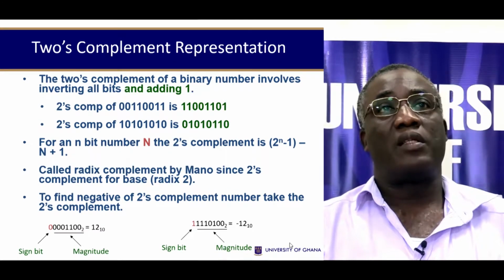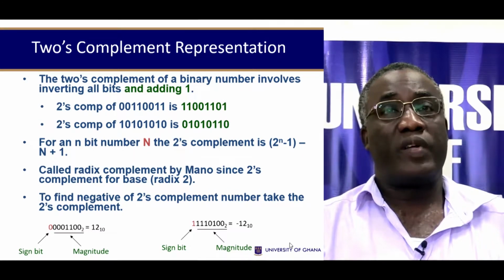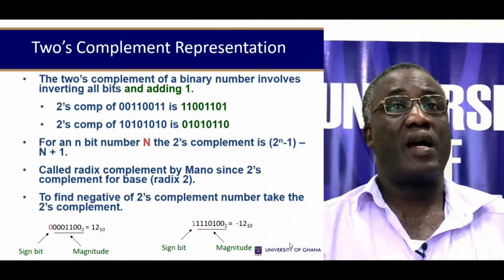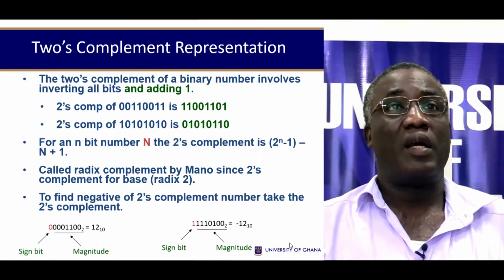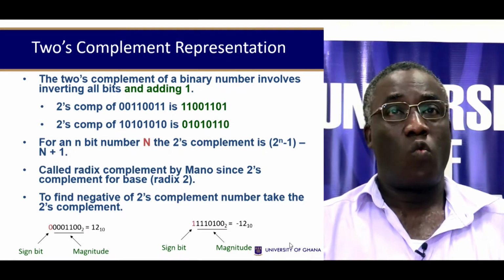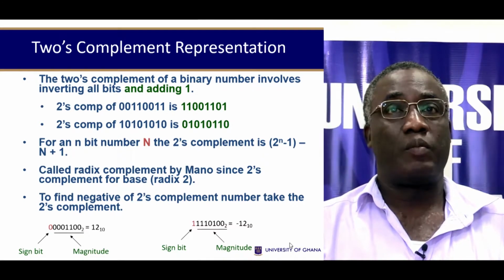To find the 2's complement, you first find the 1's complement and then add 1 to the least significant bit.